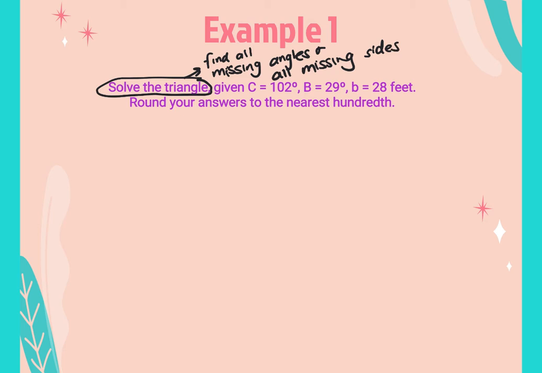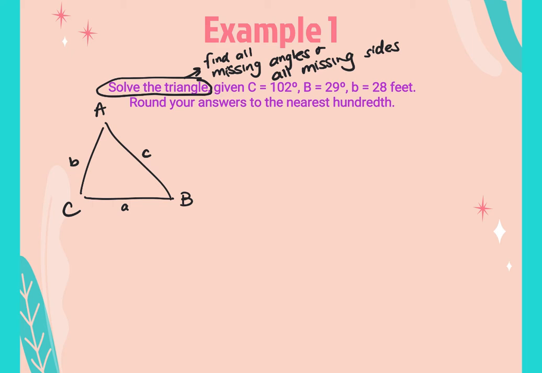So if you want, you could draw yourself a triangle. You don't have to, but it's good practice. Label it A, B, C in any order you want, but the capital letters are your angles. Sides A, B, C are opposite the angle names.